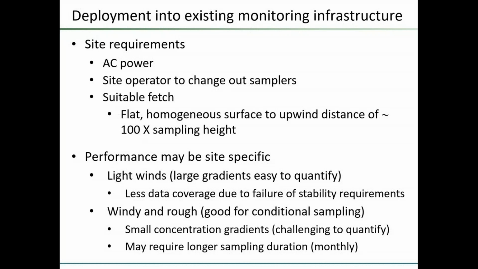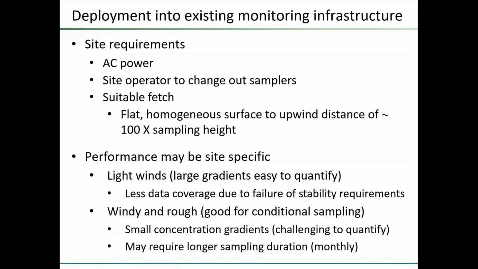This is a flux measurement, so the site requirements are different than just an atmospheric concentration measurement. To satisfy the micrometeorological requirements, you need a suitable fetch at the site, and that means that you need a somewhat flat, homogeneous surface to an upwind distance of approximately 100 times whatever your sampling height is.